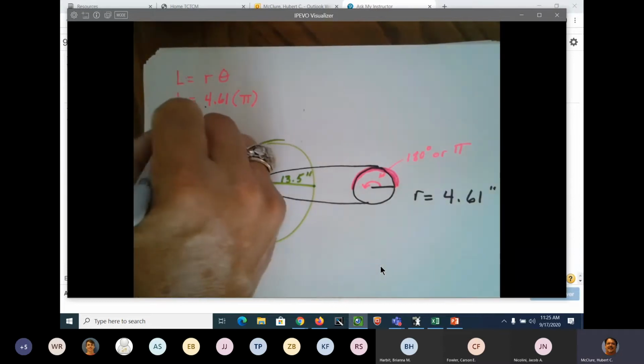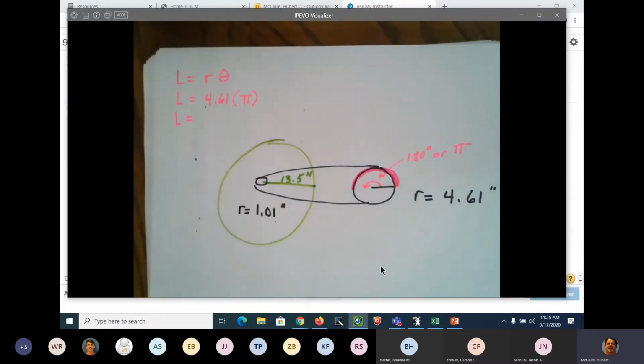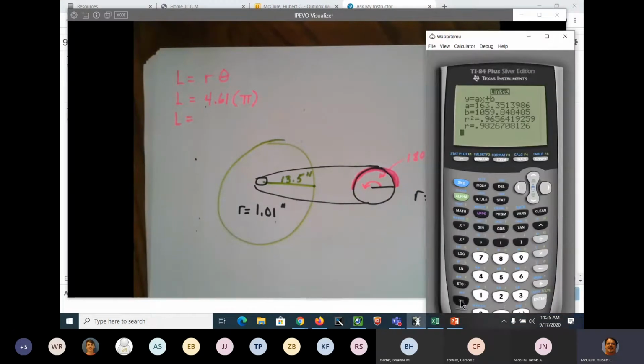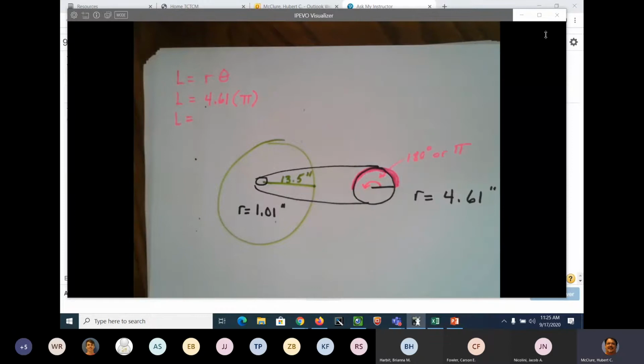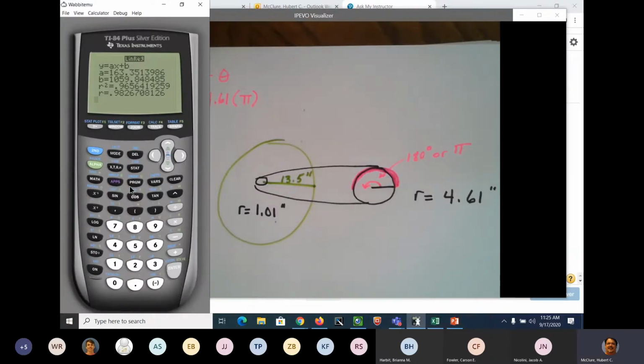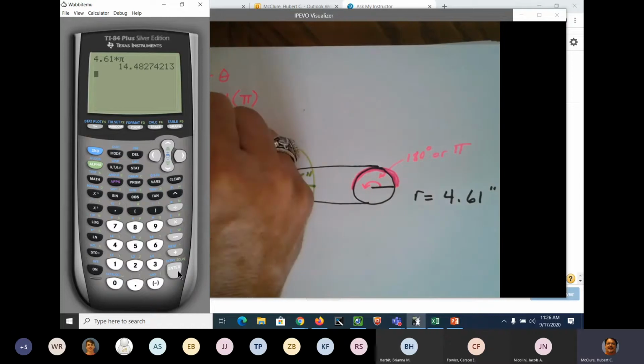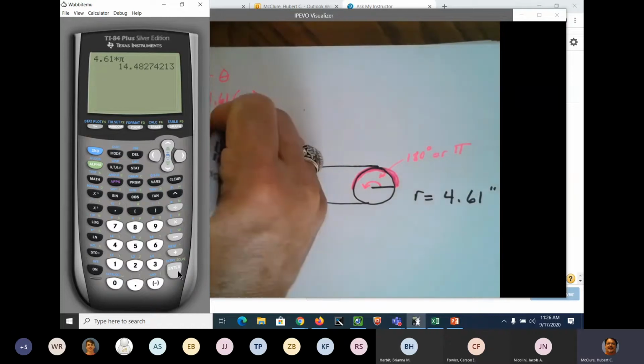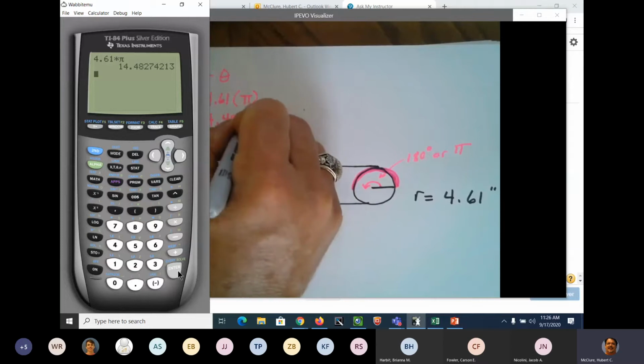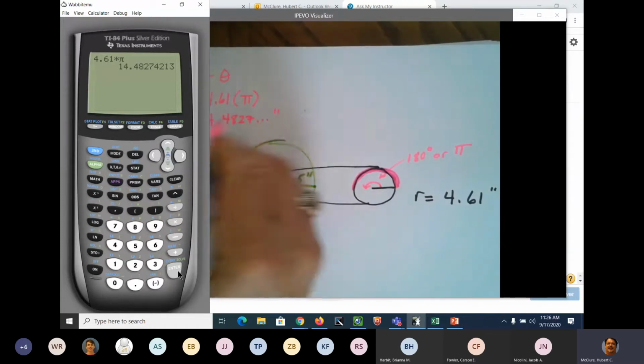So the arc length is going to be equal to 4.61 times pi, which is 14.4827... inches.